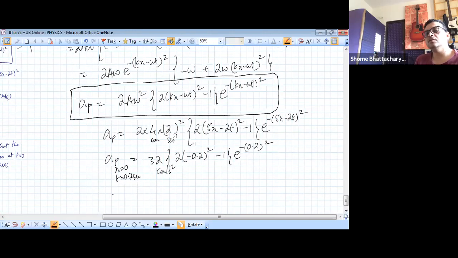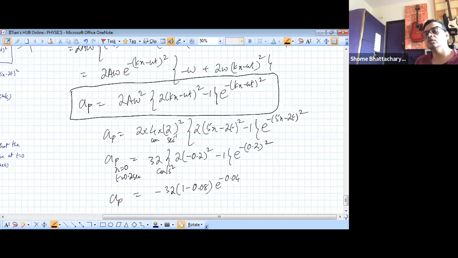So you'll see that acceleration of that particle will become minus 32 into this factor will become 1 minus 0.04 into 2, so 0.08, into e raised to the power minus 0.04.